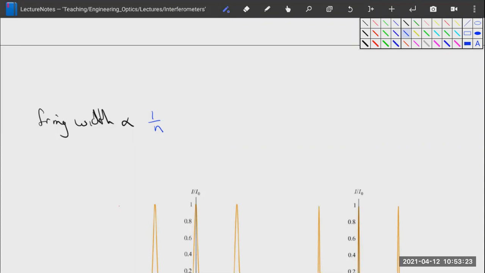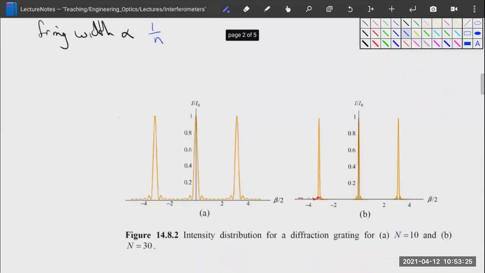Below here is an example of a diffraction grating with 10 slits and one with 30. And you can see how increasing the number of slits by a factor of 3 has dramatically decreased the width of our peaks, right? So you can imagine if I have two wavelengths that are really close together here. So let's try to draw one.